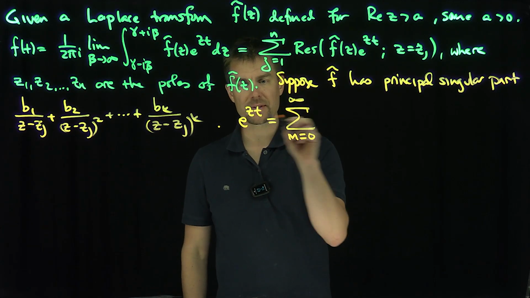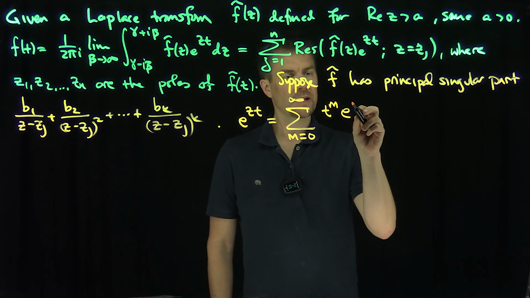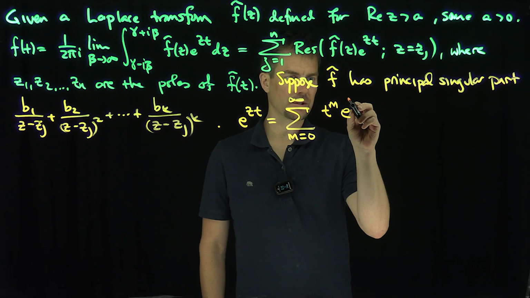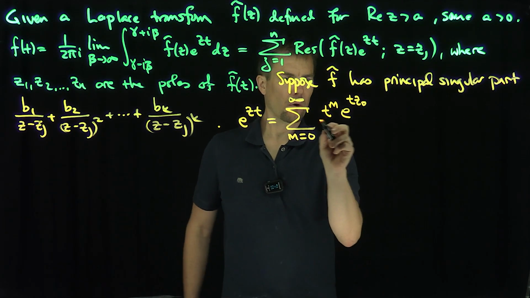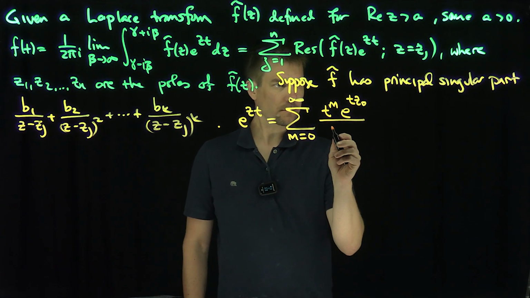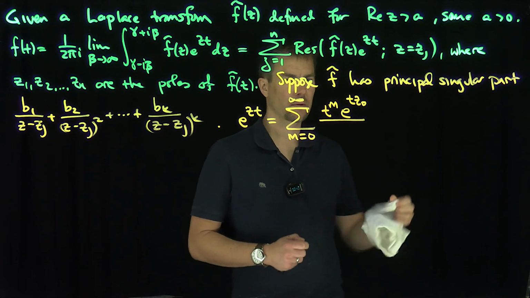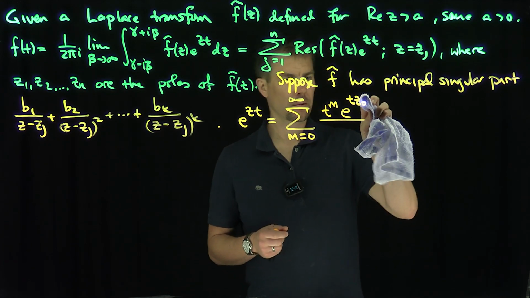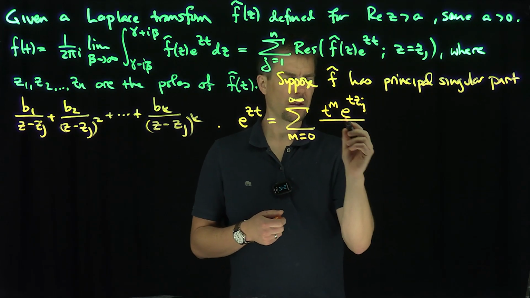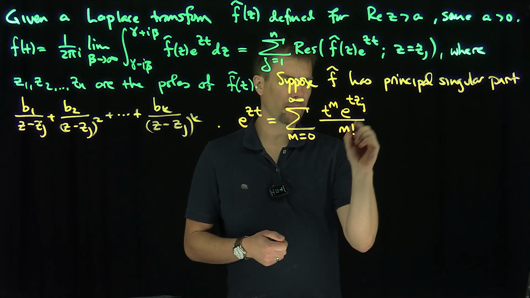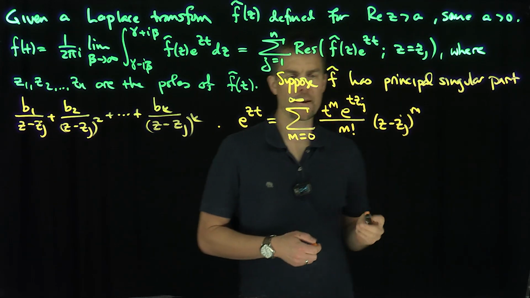If I do m derivatives, this is going to give t to the power m, e to the zj t, over m factorial, and then z minus zj to the power m, okay?